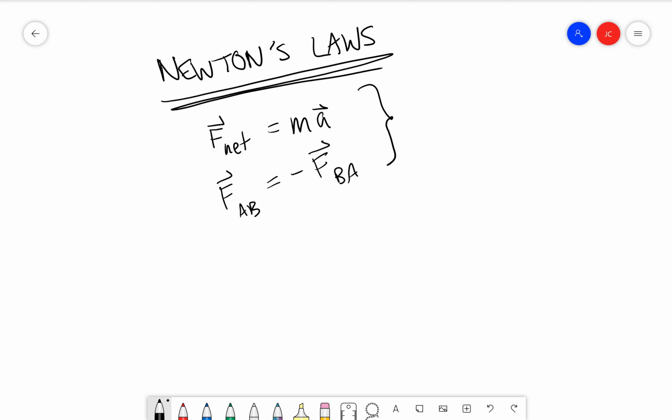The first one relates acceleration, which is a kinematics concept, with mass and net force, which are dynamics concepts, which is really important. If a question gives you acceleration but not a whole lot else, you can probably plug it into here. Similarly, if you need to find acceleration, which is often what gets asked, you can figure out forces, you'll usually have the math, and you can get your acceleration.